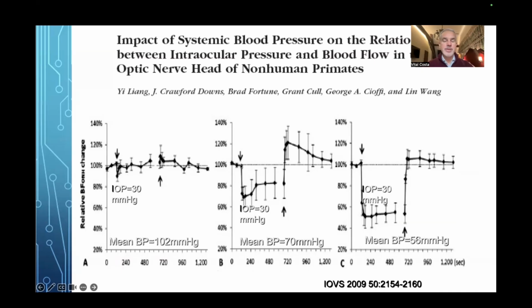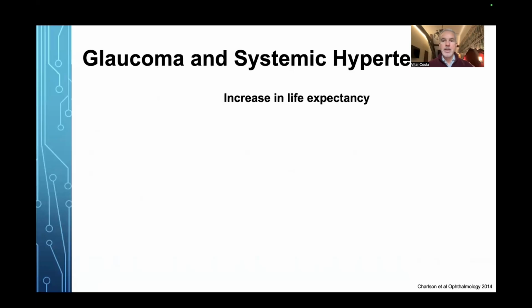When you do the same thing, increase intraocular pressure to 30, and you decrease blood pressure to 70, you have an important decrease in blood flow. And finally, when you decrease the mean blood pressure further to 56 millimeters of mercury, you can see the important drop in optic nerve blood flow, because in this situation, autoregulation was not effective to bring back blood flow to the normal situation.